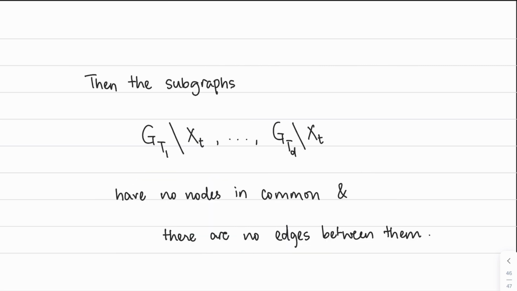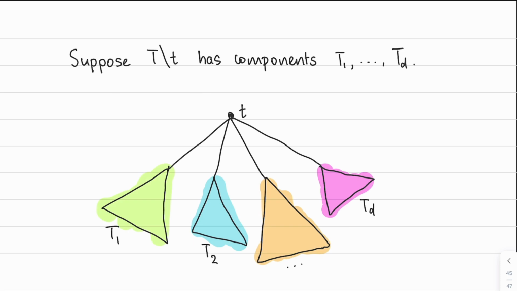So that's GT1, and from GT1 I remove the vertices of xt, which is the vertices that were sitting in the bag of the vertex that was deleted. Okay, so that's the first subgraph that I want to look at.